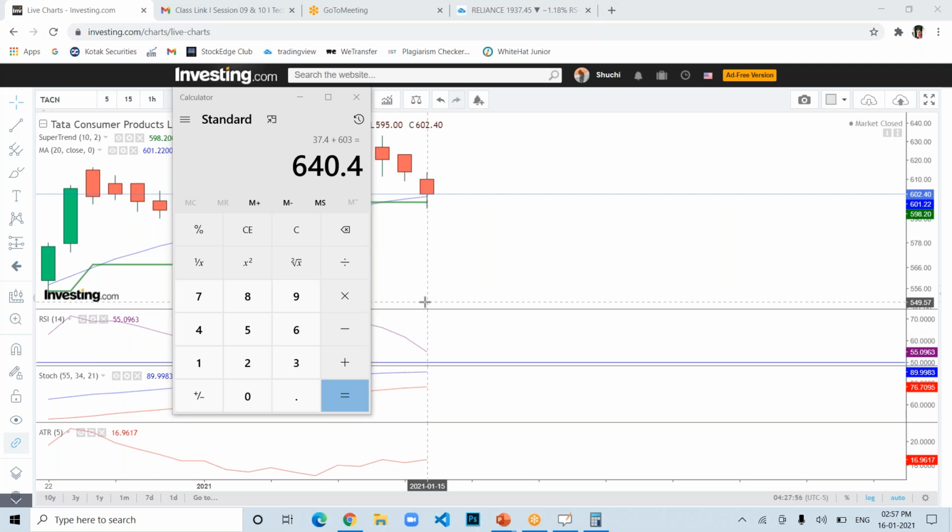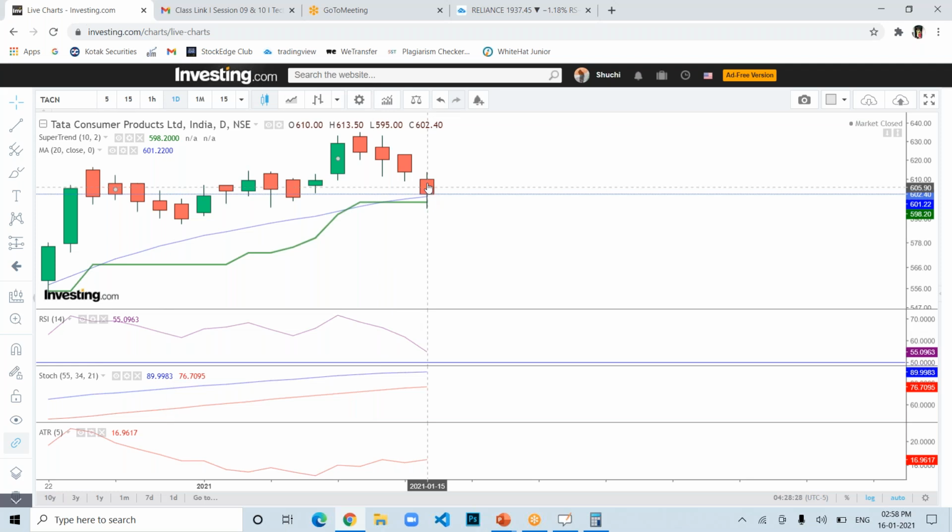And Aditya, yes, if there is a gap up or gap down opening, the pricing moves up or down, so the risk reward will be shaken up a bit, definitely. If there is a gap up or gap down, you will have to adjust that much value from your profit or stop loss. No, you can't do much about it, Aditya. So suppose, this is the live trade you have seen. Now tomorrow, on Monday morning, assume Tata Consumer opens at 610. Then your target will still remain 640. So you are actually foregoing that much amount of money.